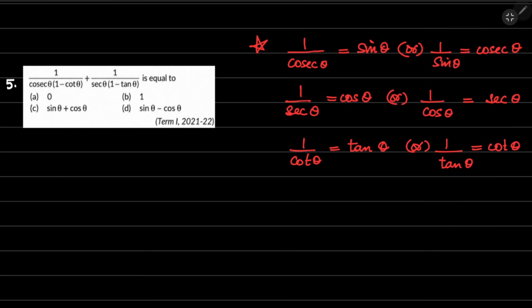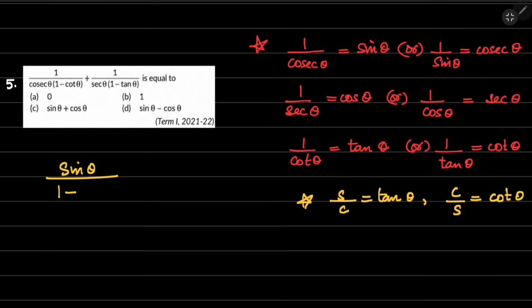Okay, please remember it. So here, according to the question, what is 1 by cosecant equal to? It is sine. So let me write sine theta divided by 1 minus, what is cot theta in terms of sine and cos? So let me write that as well. Sine by cos is equal to tan theta, right? Cos by sine is equal to cot theta. Please remember this as well.